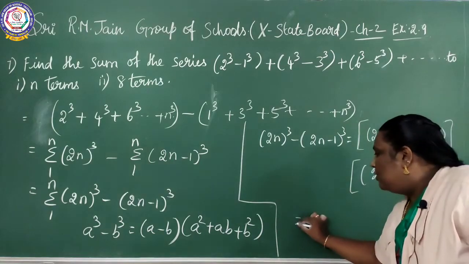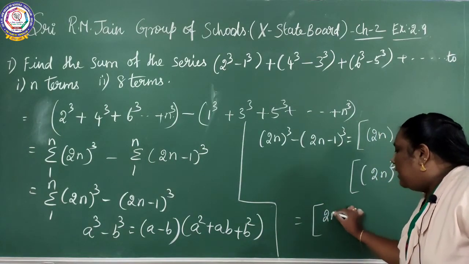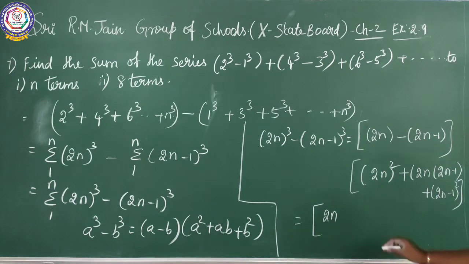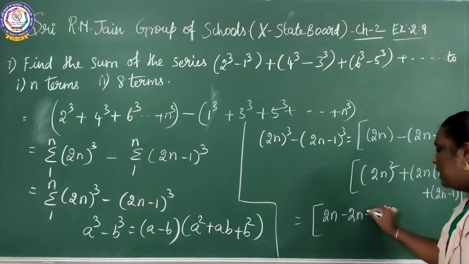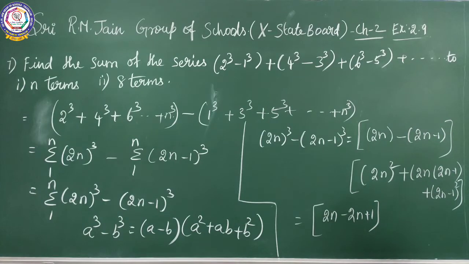So it gives 2n minus 2n plus 1. This part is over.